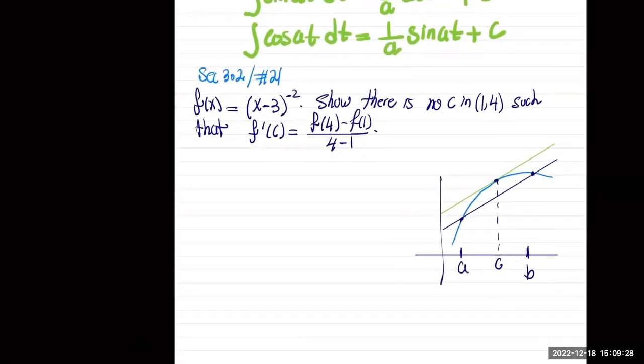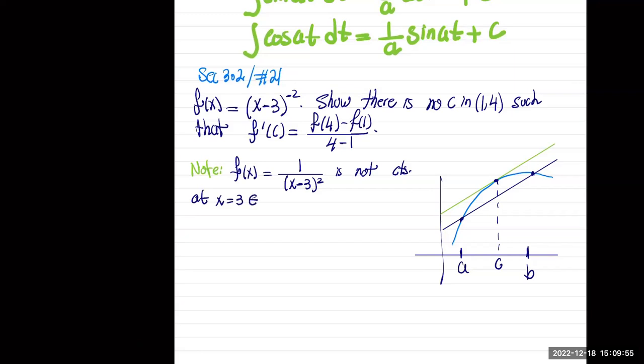So f of x, which you could write as 1 over x minus 3 squared, is not continuous at x equal to 3, which happens to be in the interval of 1 to 4. So mean value theorem does not guarantee the existence of such c.